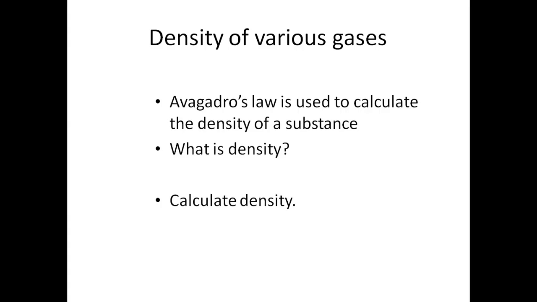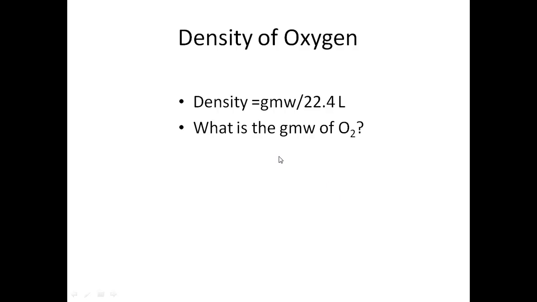Density, in and of itself: a dense substance has a heavier or higher atomic weight, meaning the particles are packed closer together. So density is a ratio of mass to volume. Density equals mass over volume, and that's how we calculate density.